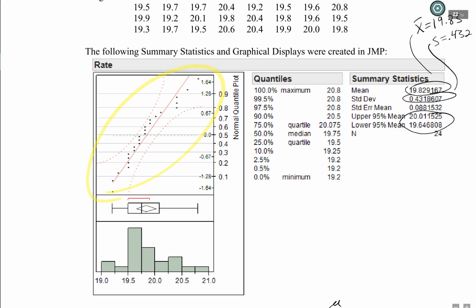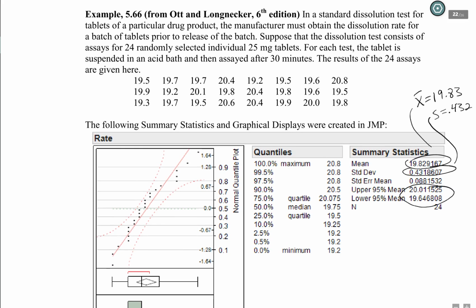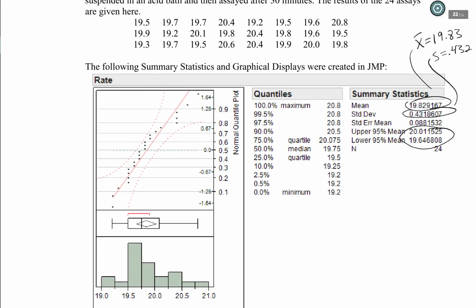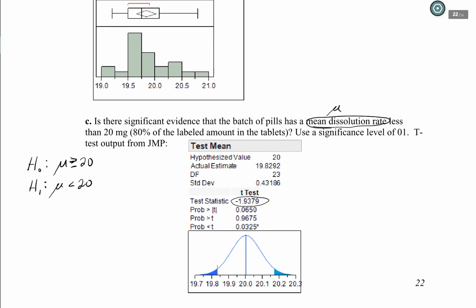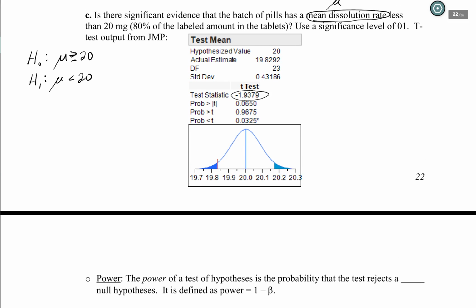It turns out the t-test is somewhat robust to departures from normality. And given that we have 24 data points, we're doing pretty good here, because the central limit theorem is also going to help us a little bit. Even though we're not to that 30, we're close to it. So I'm going to go along with the assumption that the t-test is okay.